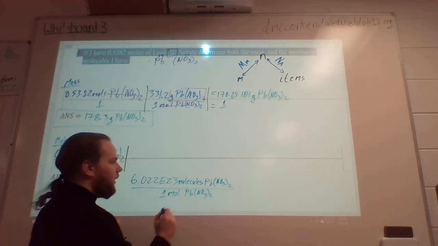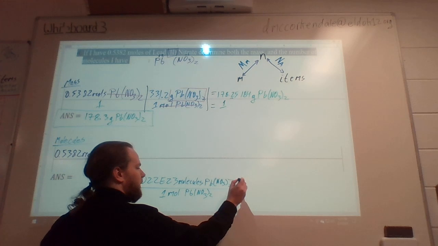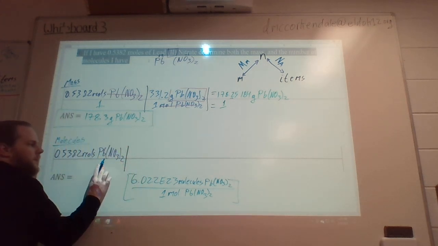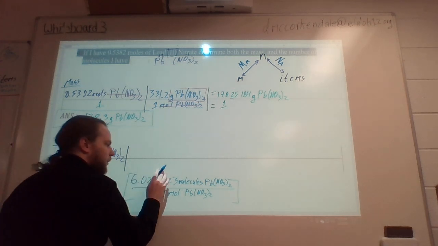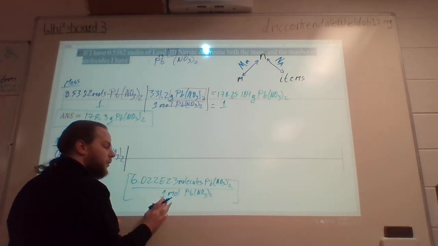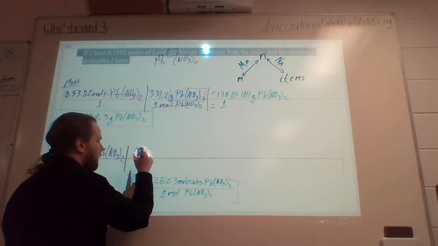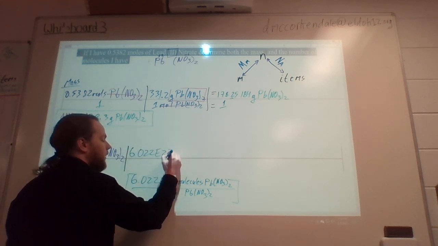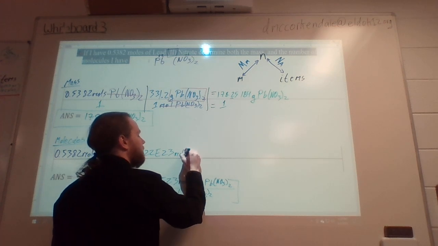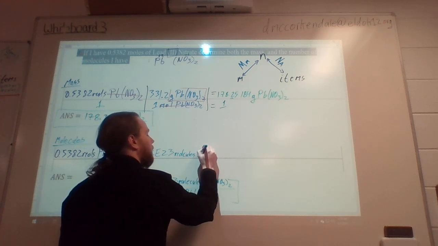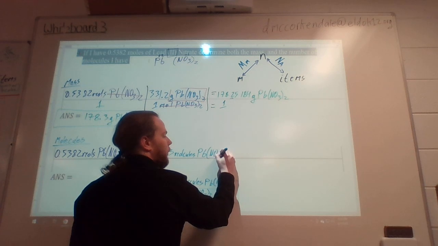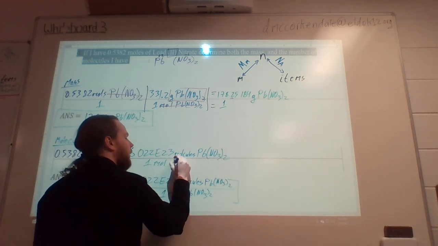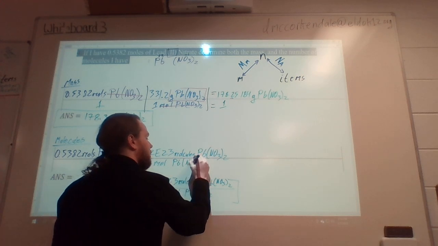So now we look at this. This is the fraction that we need to put in. We have moles of PbNO3(2) on the top, which means we need those moles to be on the bottom, which is how it is already written. So we can just plug this straight in. 6.022E23 molecules of PbNO3(2) over 1 mole of PbNO3(2).